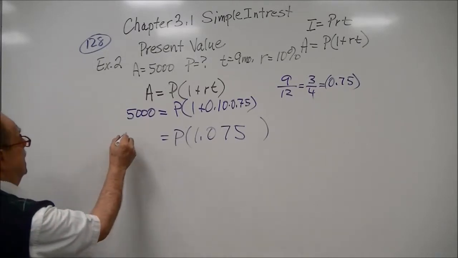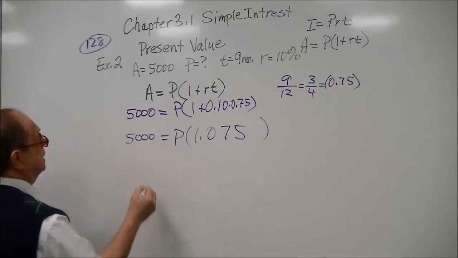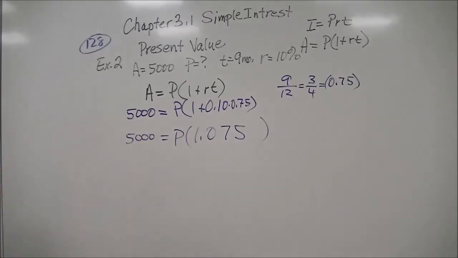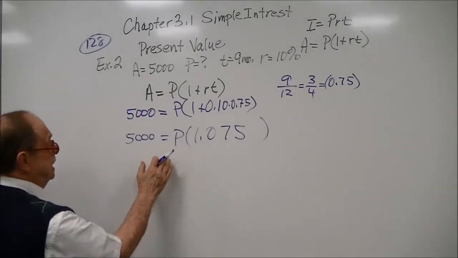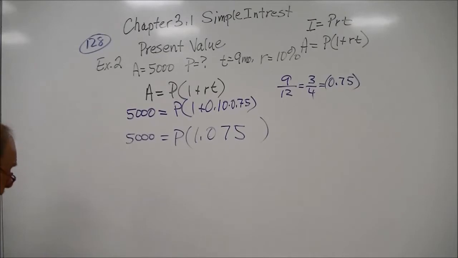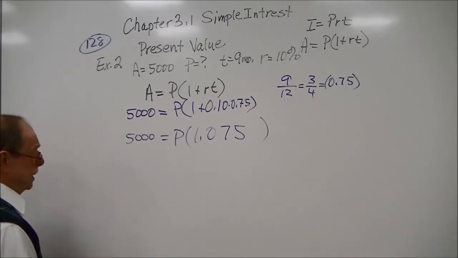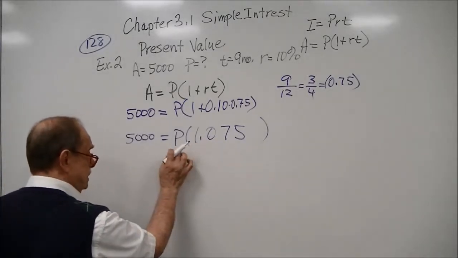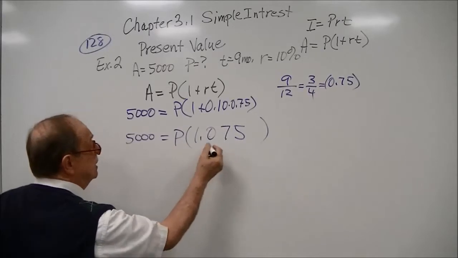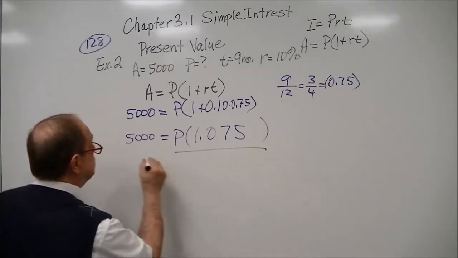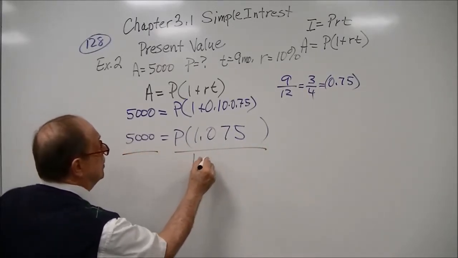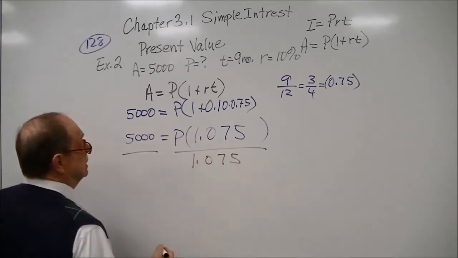Now we still have our 5,000 here. So this is our equation. Now we want to solve for this letter P. So our strategy will be to divide both sides by in a sense, the factor of P, which is this, 1.075.